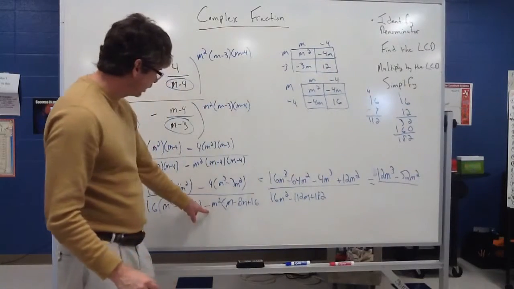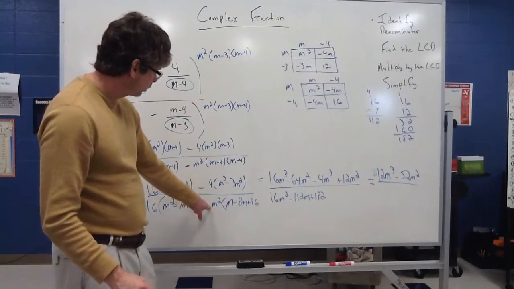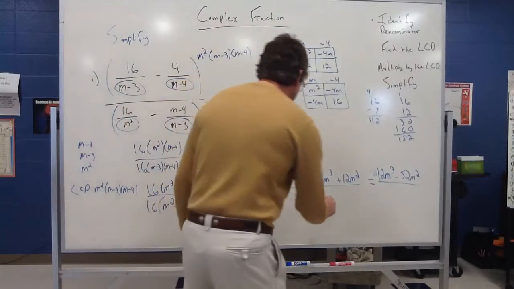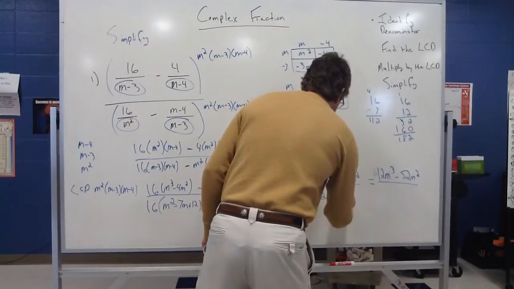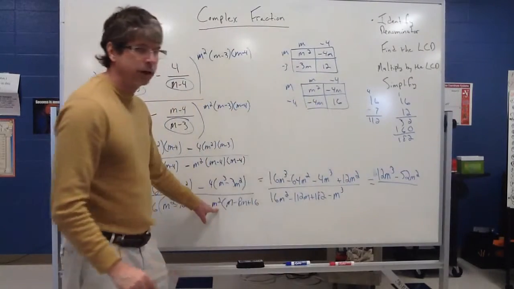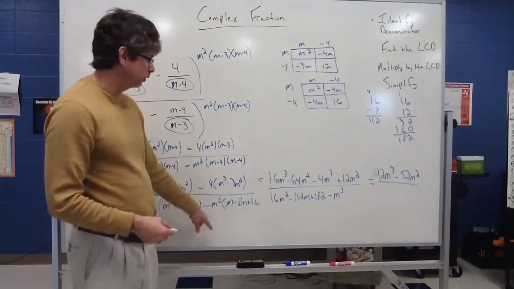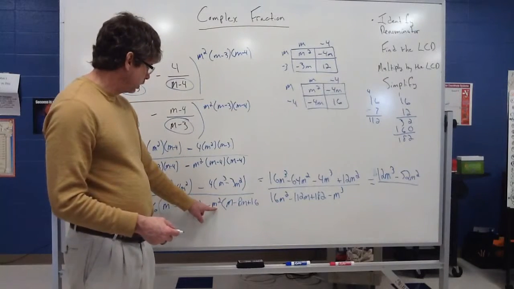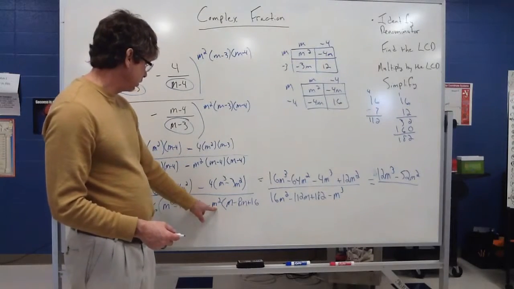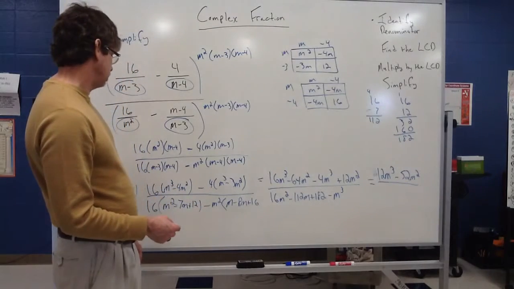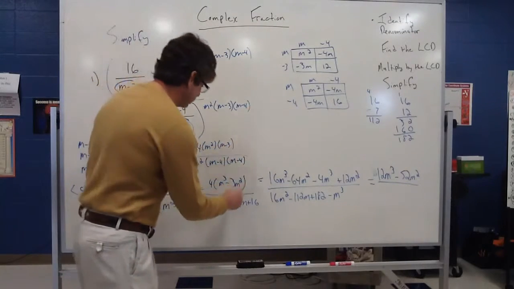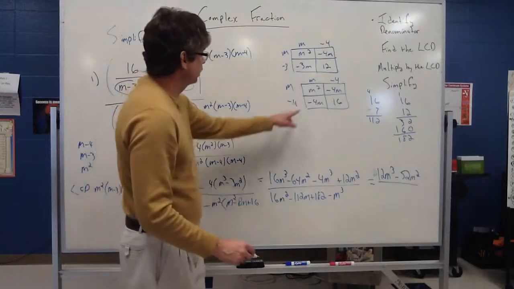Now I have to bring this negative m squared through. So negative m squared times m is going to be a negative m cubed, because remember, that's just a bunch of multiplication, m times m times m. So that's just going to be negative m cubed. Negative m squared, let's see here, that should be an m squared, shouldn't it? Sorry about that. M squared there.